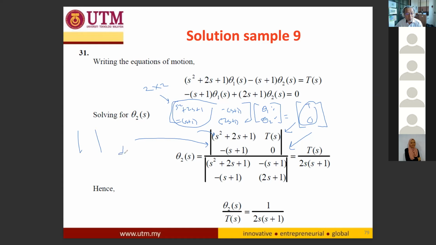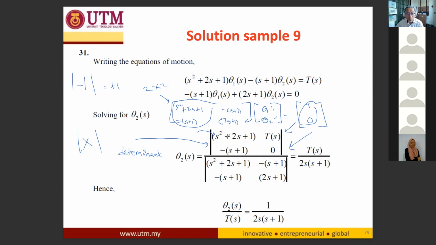Modulus, I'm afraid, is wrong. It is the determinant. Modulus is like this: minus 1, so you get positive 1. But the determinant is cross multiply.